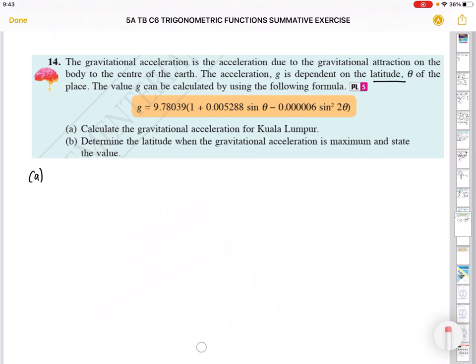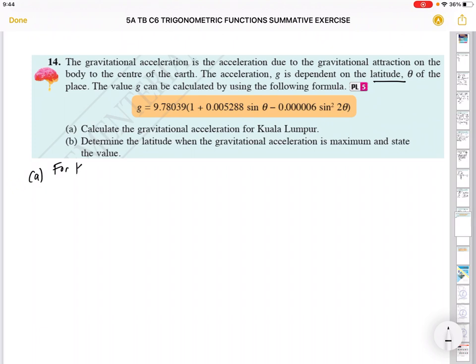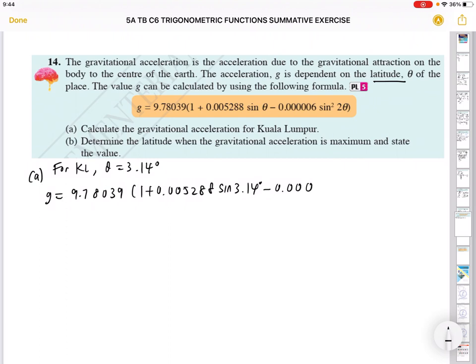So I type in the calculator 9.78039, 1 plus 0.005288 sine 3.14. Then you minus 0.000005 6 sine square, 2 times 3.14. Can I write straight away? I write 6.28. You got to square it, huh? Okay, put another bracket.